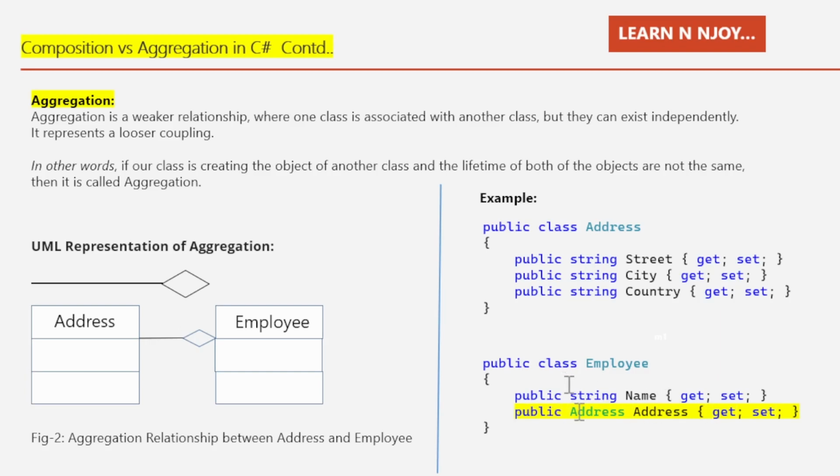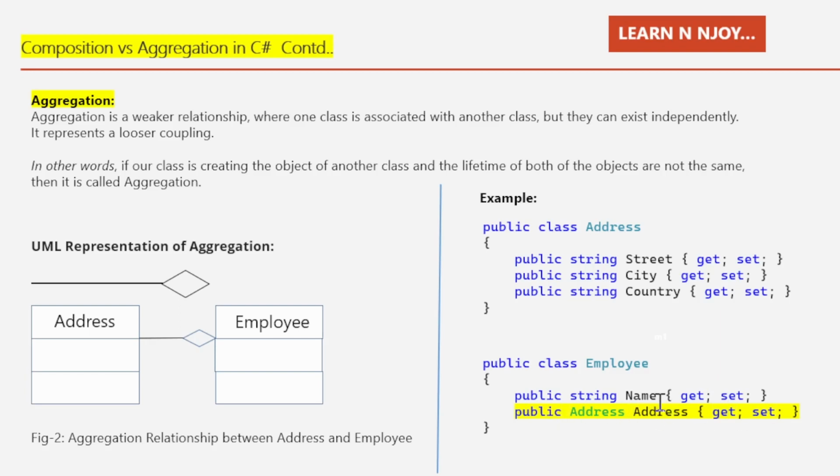The Address class represents an address with properties for street, city, and country. If you notice, the Employee class has an aggregation relationship with the Address class. That's what I have written: public Address get set.